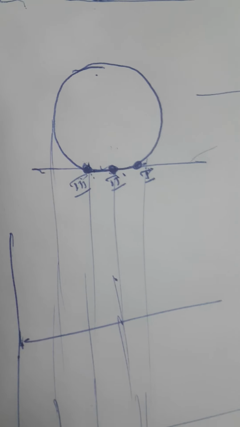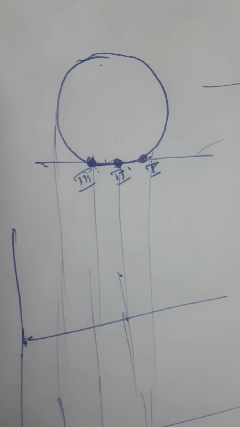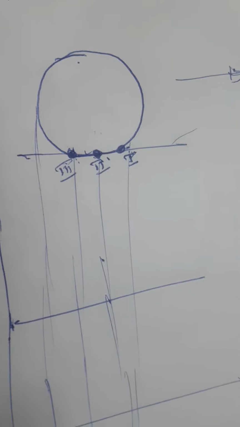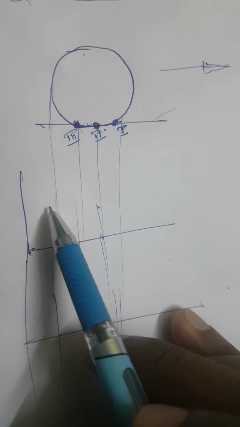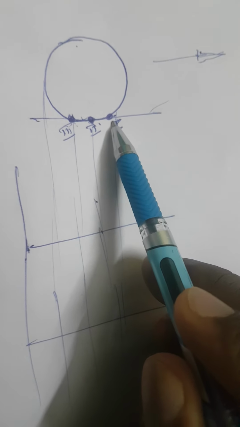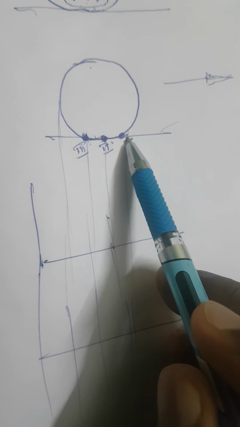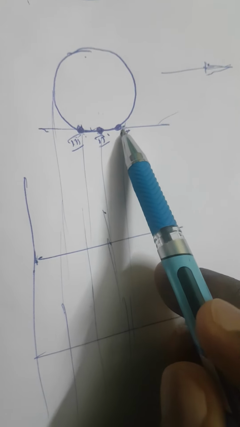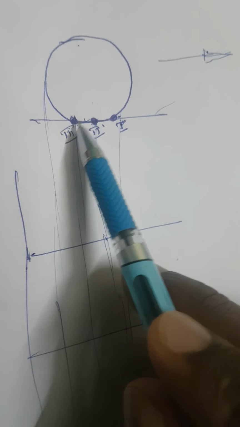Because of this, unsymmetrical pressure distribution takes place at these points. At the entry point, at which the tire is going to hit the ground, the pressure will be maximum compared to these 2 points, right?